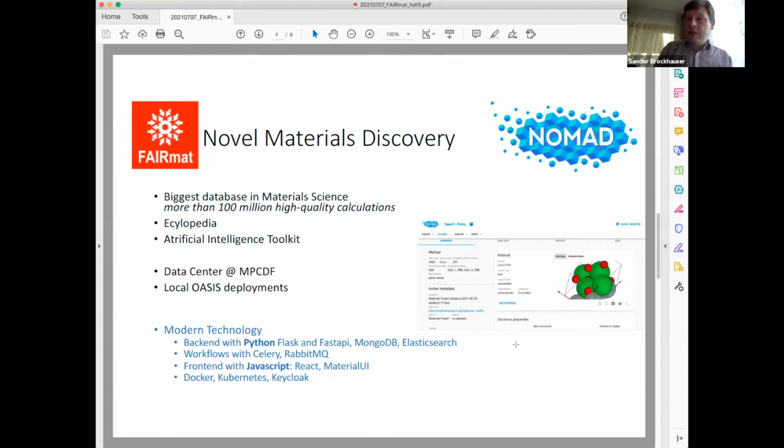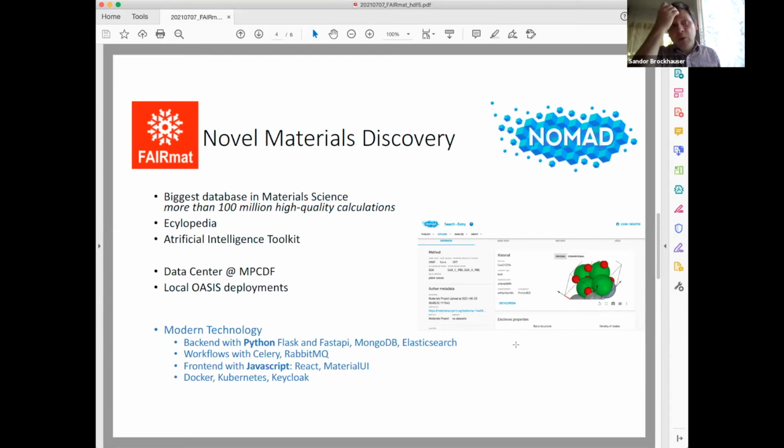What is important is that we would like to have all the data annotated, so that we can have algorithms which can go there, select all the compatible data from this big data lake, and do things like machine learning and other work which is already heavily used by the community. And we already have an artificial intelligence toolkit.